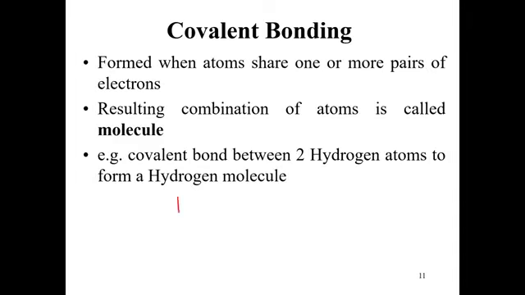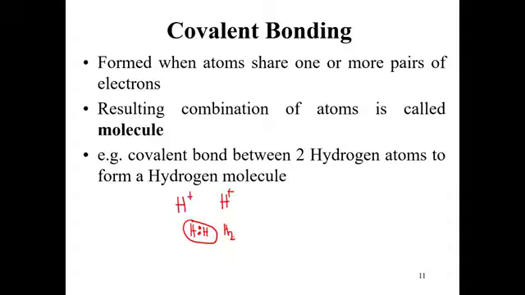So hydrogen has an atomic number of 1. Plain hydrogen is positively charged. So if you have two hydrogens, they can share their electrons together and you will form H2, or your hydrogen molecule.